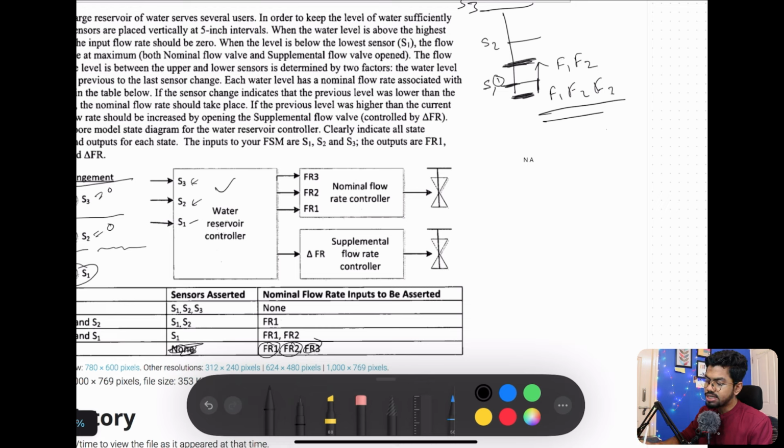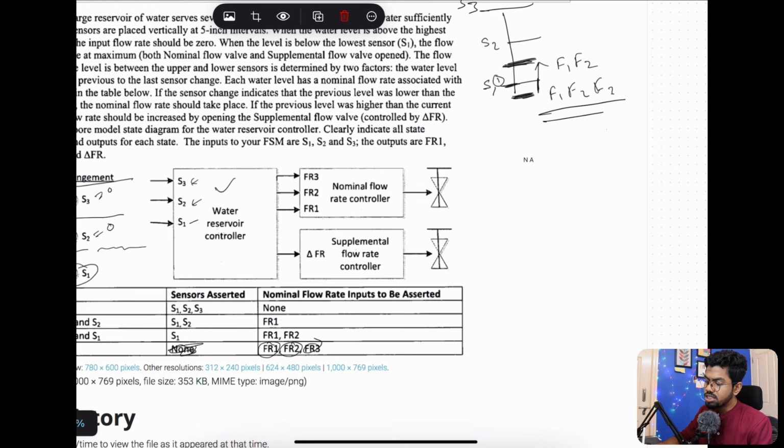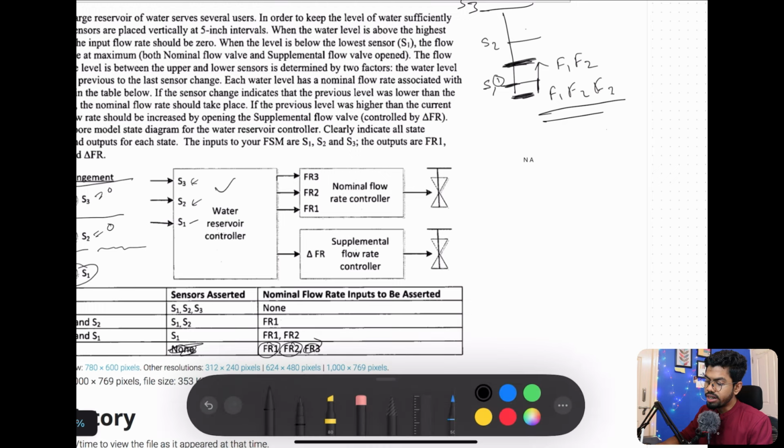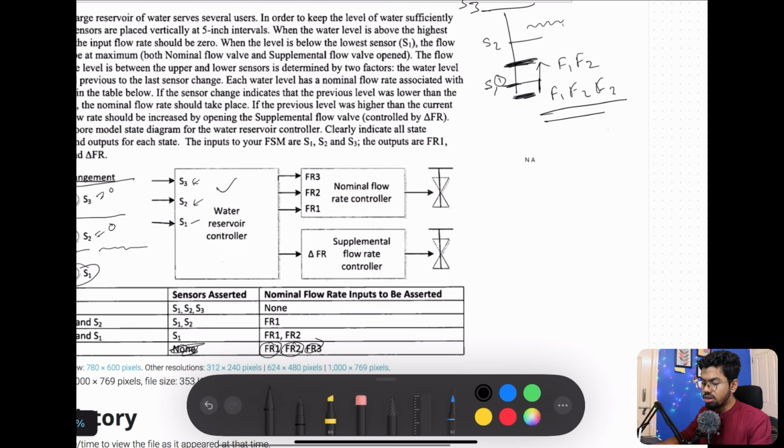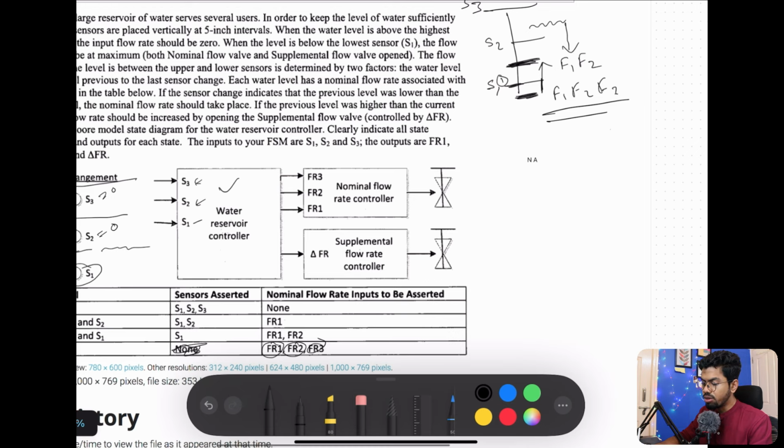But the trick is that if you reach this position and at the earlier stage your water was above S2 and got depleted from that level to this level, then we will open F1 and F2, but also another supplementary water flow, which is called delta F.